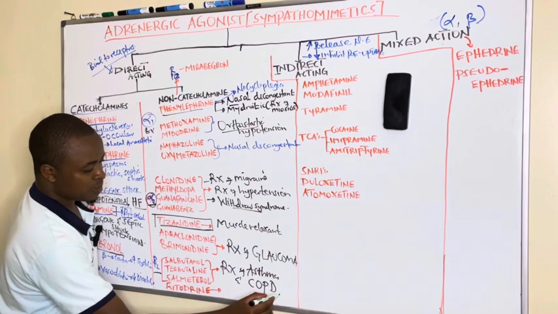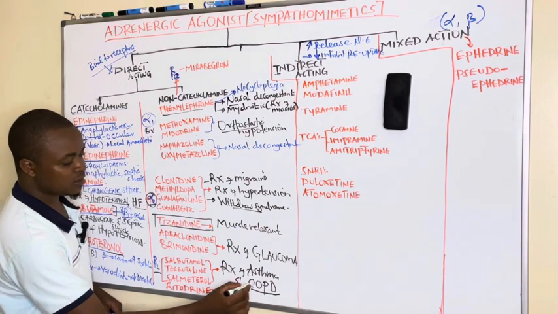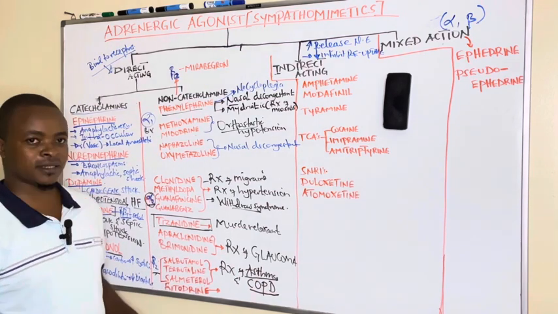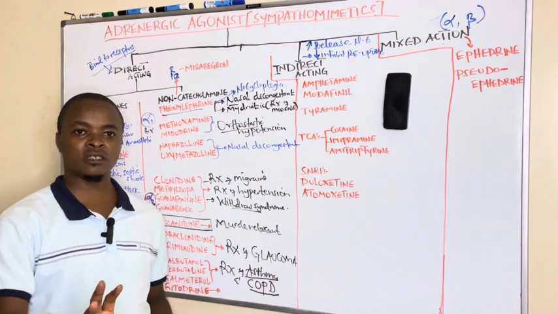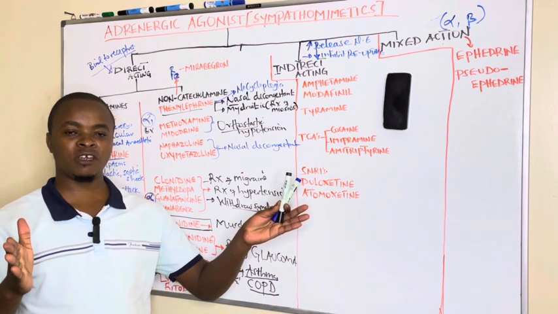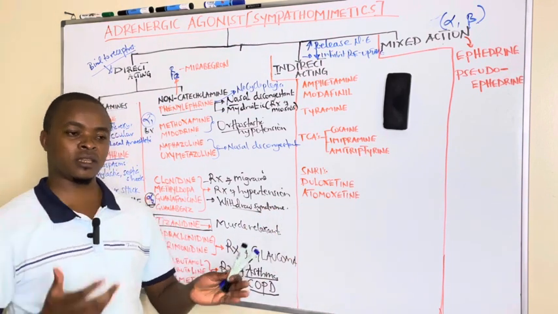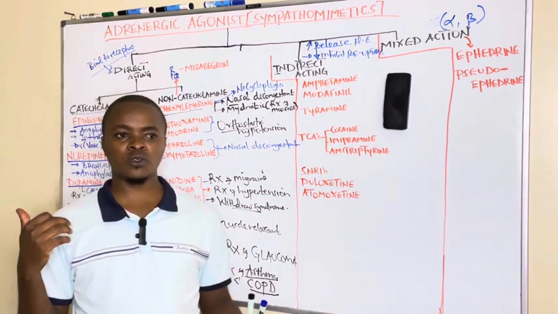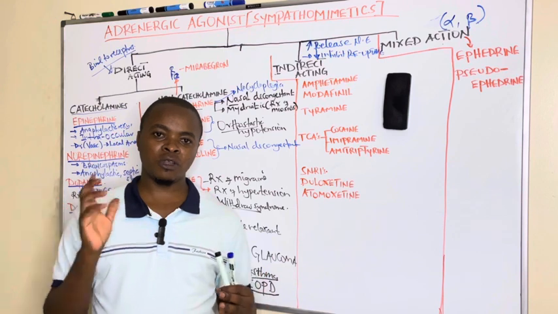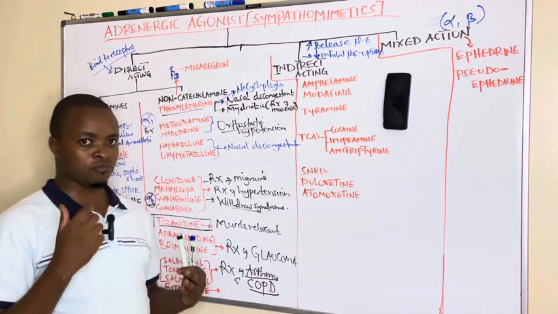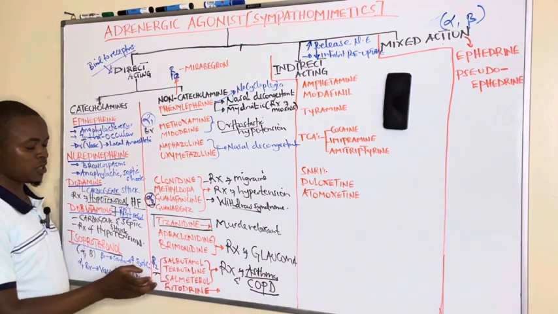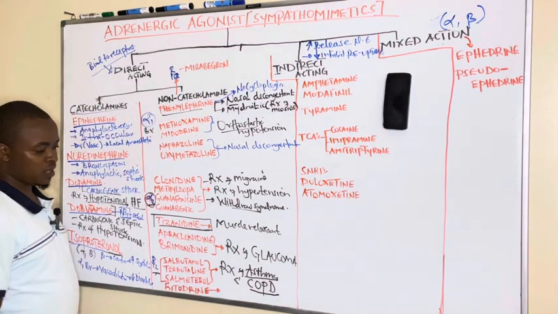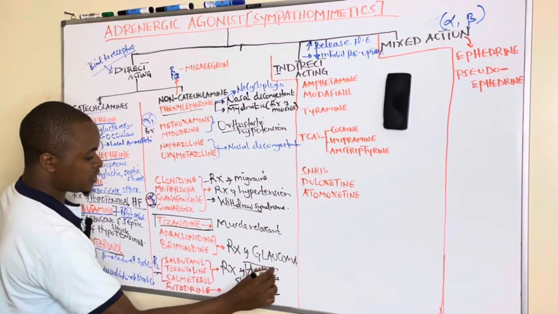We see them targeting beta 2 receptors in the bronchus, causing bronchodilation or widening in the lumen of the bronchus, hence opening the airway. In the previous video we also saw cholinergic blockers, where ipratropium was also being used. Sometimes they are used in combination with ipratropium to work well in treating asthmatic patients.